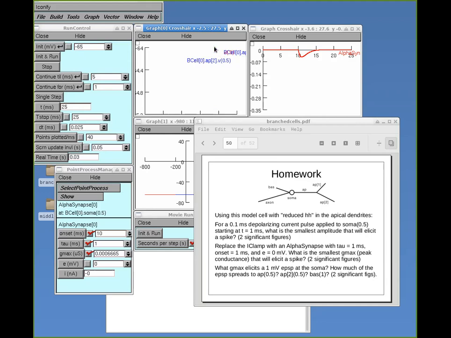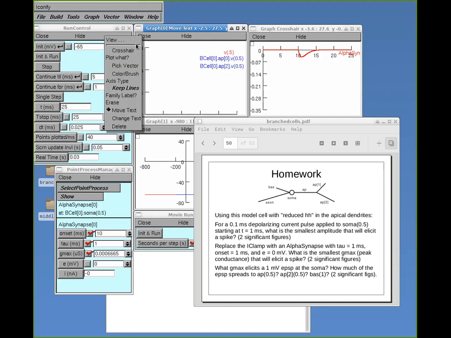Come on, move. It's not moving because I haven't selected move text. Moving. Okay, so that's apical 0. I'm going to arrange these in a kind of topographical arrangement: soma, apical next to the soma, apical further away from the soma, and we also want to measure at the farthest end of the basal branch here.